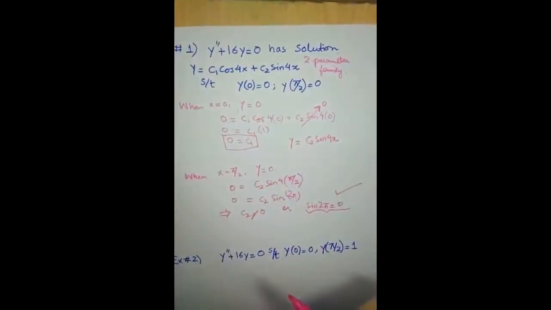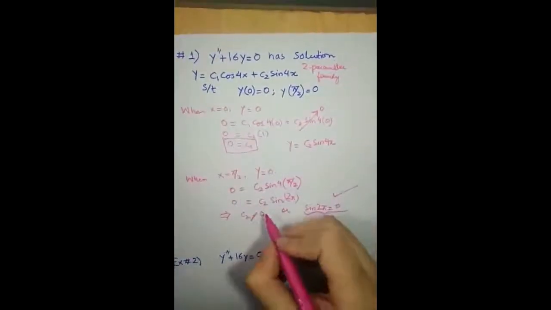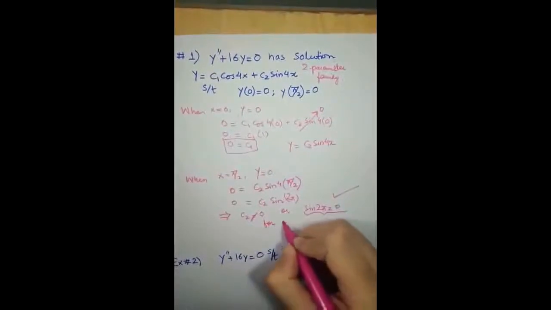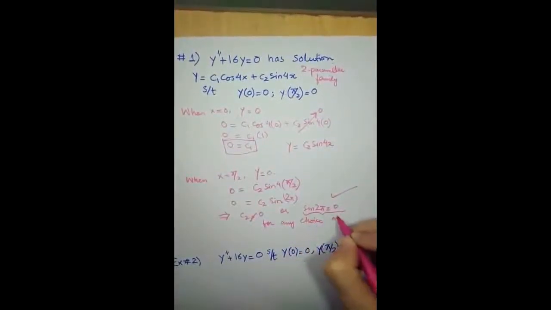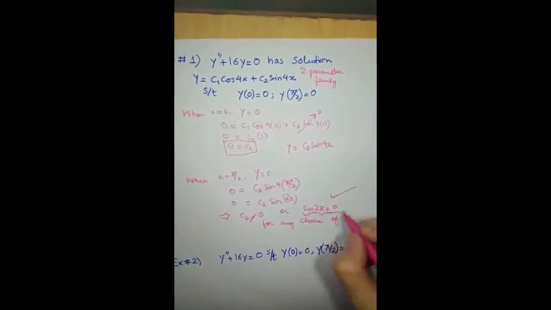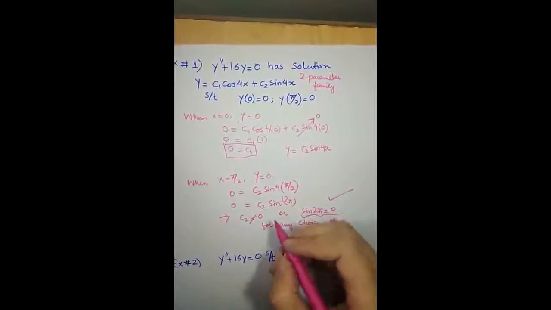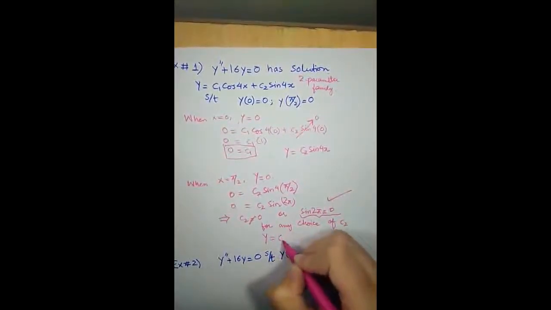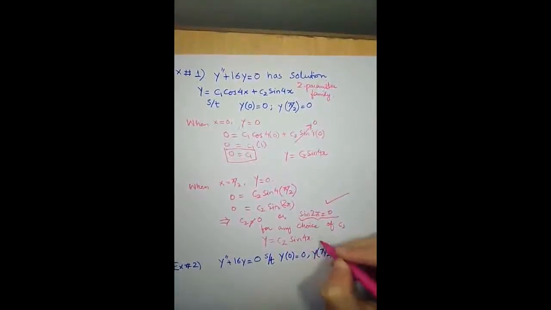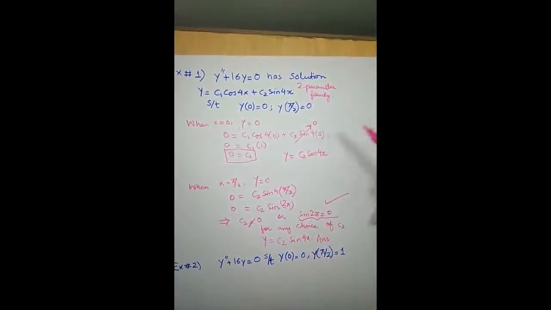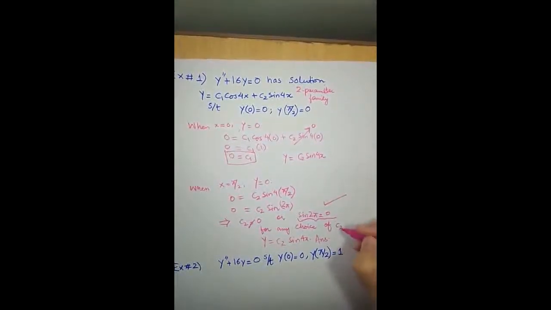So that means for any choice of C2, this is equal to 0. So your solution here is reduced to C2 sine of 4x. So your two parameter family of solutions is now reduced to a one parameter family.